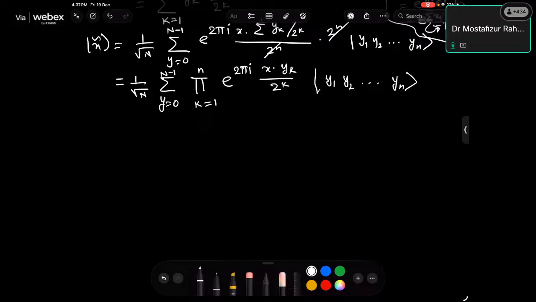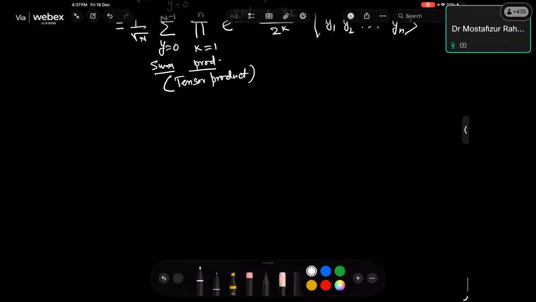This is a critical step, and this particular part is the sum term, and this is the product term. Sum of product, right? And this is what we call the tensor product. This is what we want for circuit design for recursive implementation, tensor product, because sum of product is the tensor product.